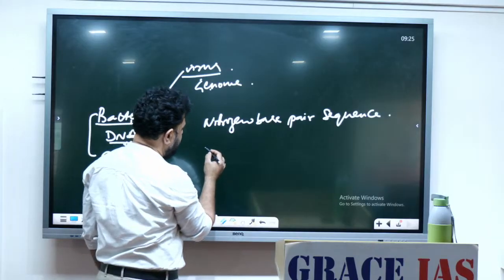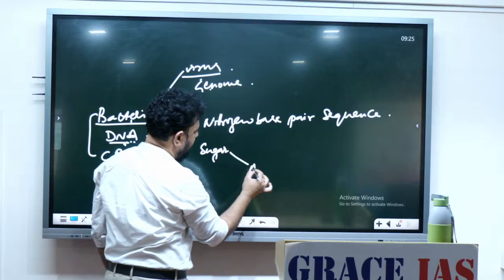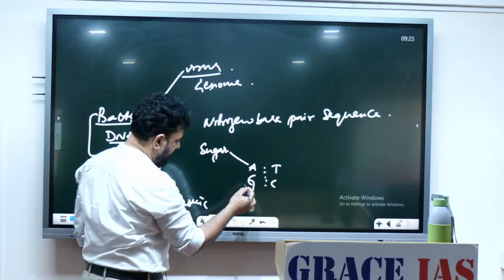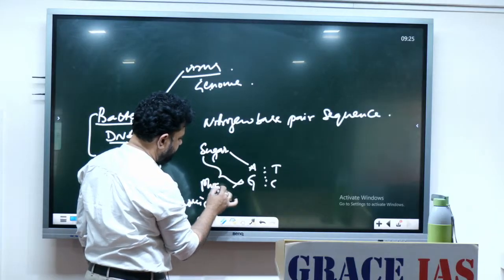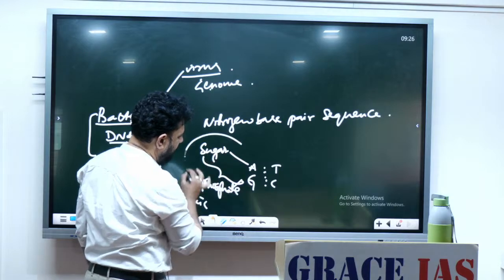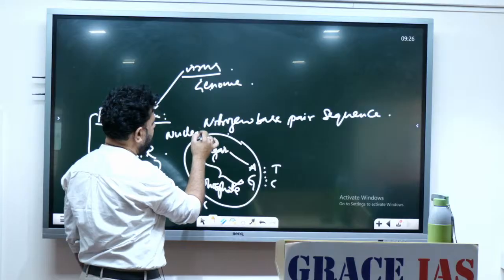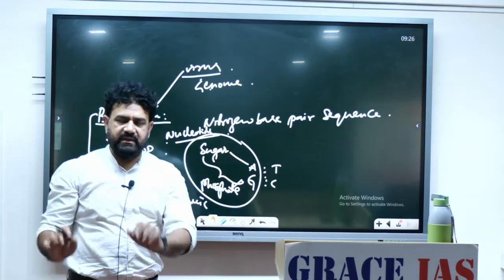In DNA structure we have deoxyribose sugar and the nitrogen base pair and then the phosphate group, and all these together are called a nucleotide. You know this, yes or no? Polynucleotide is DNA. We know this.